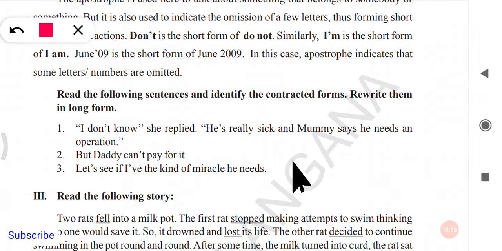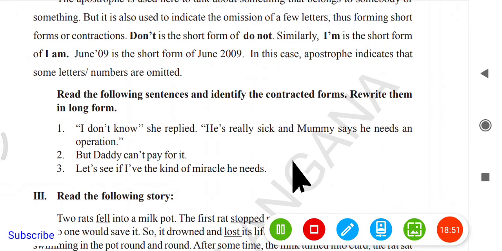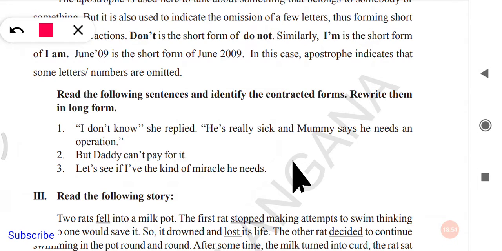First sentence: I don't know. Don't. What is the full form of don't? Come on, tell me. Do not. Okay, do not is the full form. Next, the second one, in that sentence only: I don't know, she replied. After that, he's.